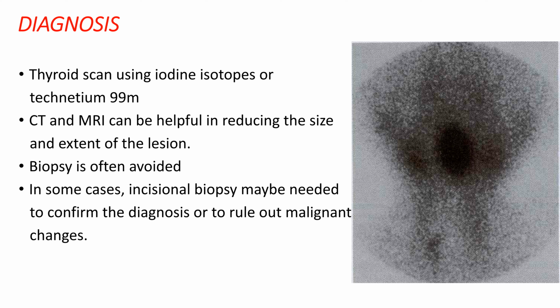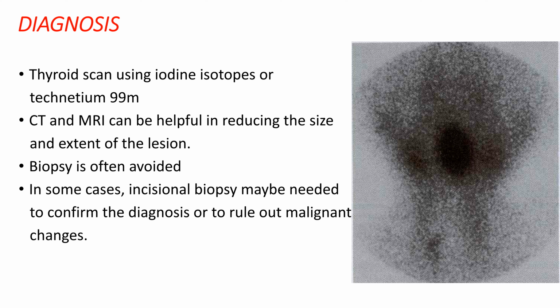Biopsy of the thyroid is often avoided because the mass may represent the patient's only functioning thyroid tissue. In some patients, incisional biopsy may be needed to confirm the diagnosis or to rule out malignant changes.